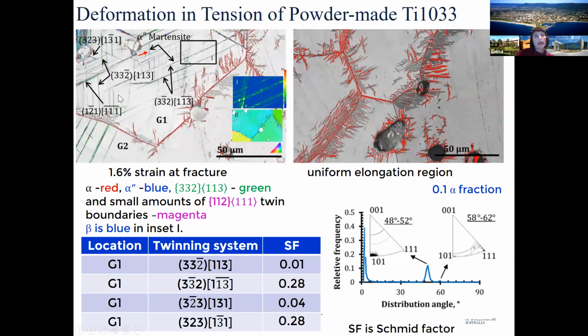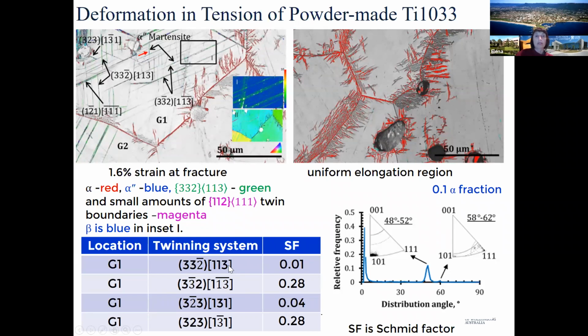The other point is whether all twin systems that formed in one grain are formed according to the Schmid law. So analysis of four twin systems formed in this one grain is given in this table. And we could see that the {332}<113> variant has an extremely low Schmid factor.